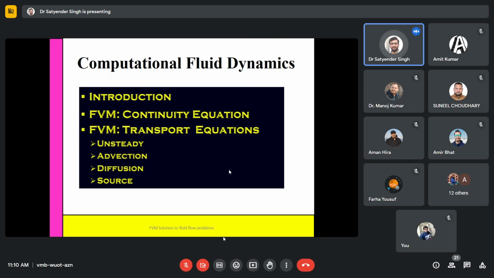I will be telling you in the beginning how to obtain the mathematical partial differential form for the continuity equation, then the transport x-momentum and y-momentum equations. We will particularly stick to the 2D problem, and then we will understand the meaning of each individual term or differential that occurs in the differential form of these equations.